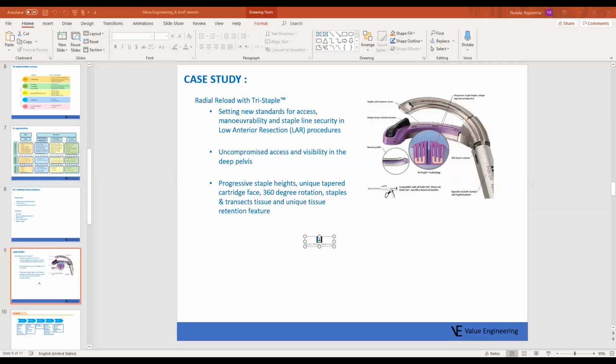So they want to remove the end portion from the colon. So they introduced the radial reload and then press it by the surgeon. What is happening here is that at a time they are cutting the portion and also stapling this side and that side.